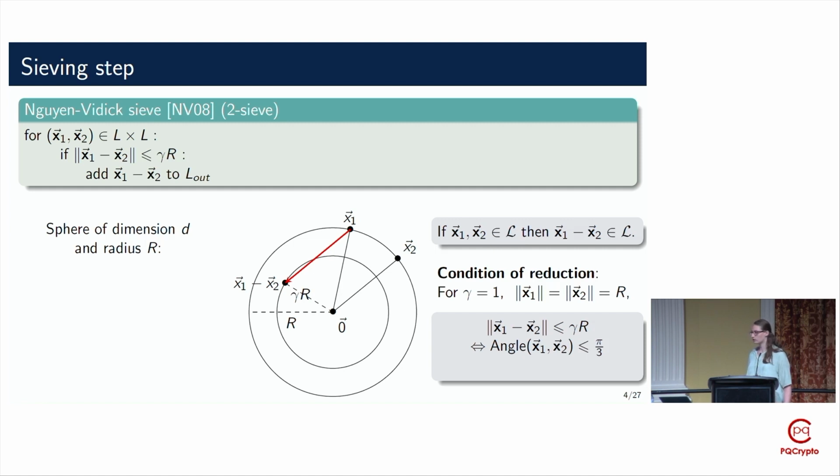To simplify, consider that gamma is equal to 1 and both vectors are exactly on the sphere of radius R. We have a reduction, so x1 minus x2 is shorter than gamma R, if and only if their angle is at most pi over 3. This is equivalent to having this constraint on the inner product. In the following, I will prefer this notation.